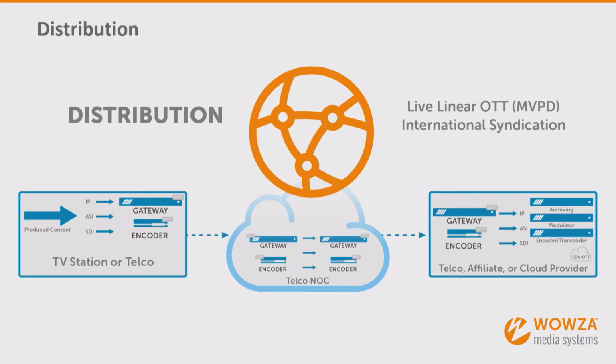Maybe the content's not as mission critical, maybe it's not as high value, and it doesn't justify that. Or maybe you're just in a place where you can't do it. Maybe you're doing remote production at a racetrack in the middle of Kentucky, and you just do not have the capability to send something over those links.